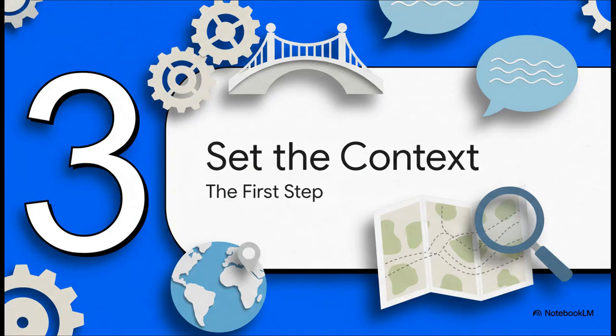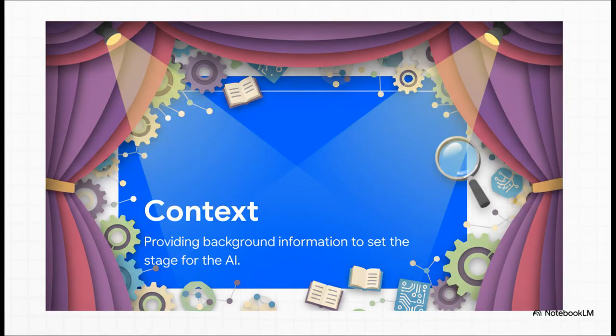All right, let's dive into the first and maybe the most fundamental step, setting the context. This is where you lay all the groundwork for getting a great response. So, what do we even mean by context? Well, it's all the background info the AI needs to understand the world your request lives in. You're basically giving the AI its mission briefing, right?